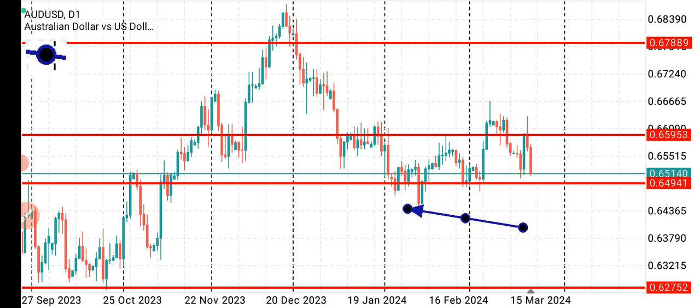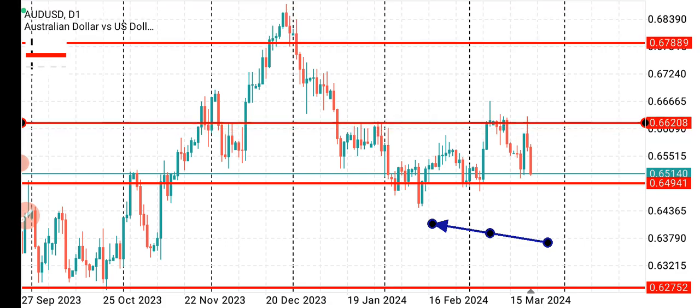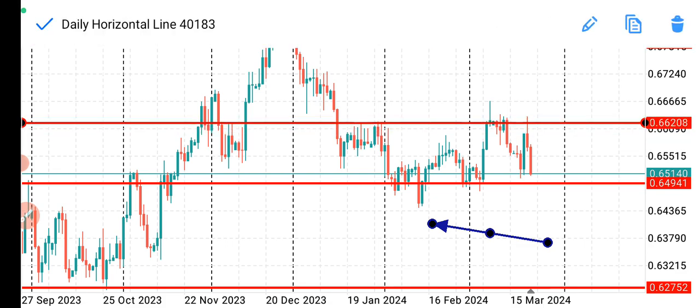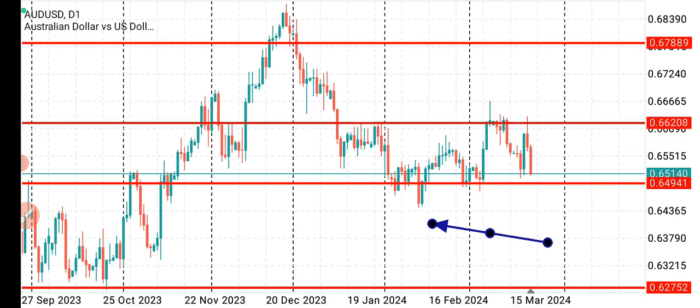Alright, good. Now look at this recent price behavior. You can see that price moved from this zone, was able to break this previous support.